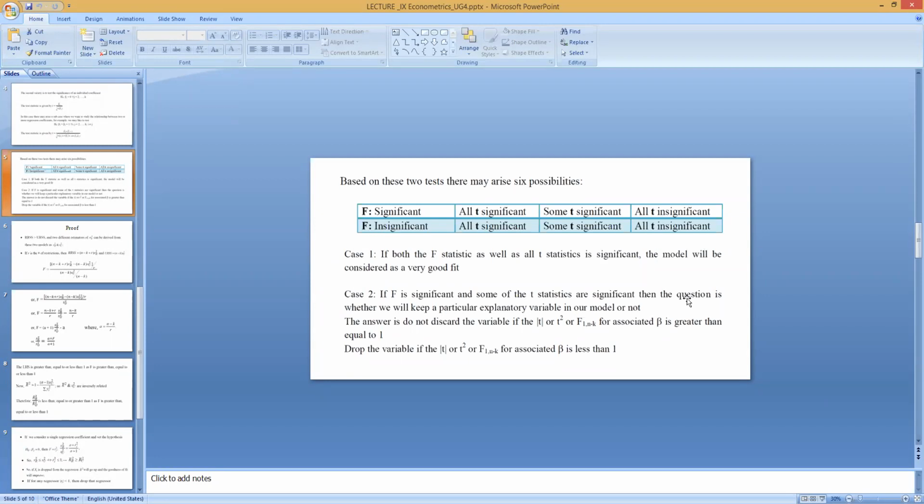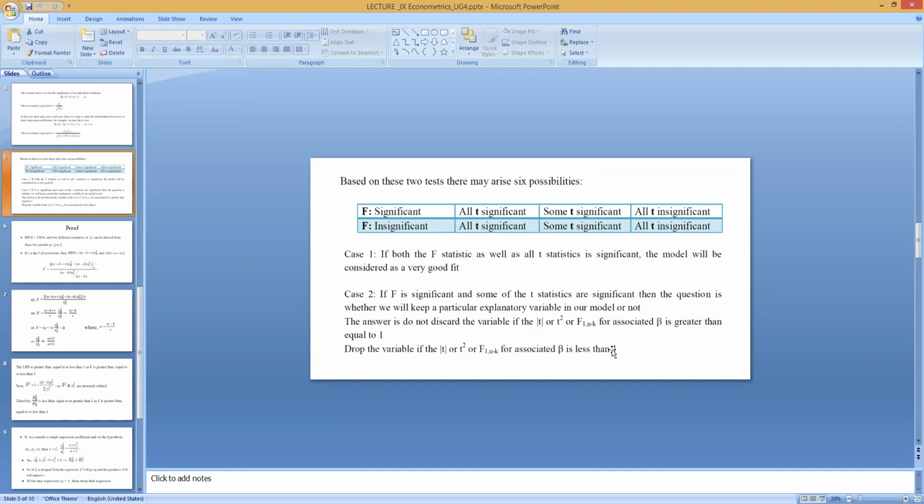However, in the middle case, if I find that some of the t coefficients are significant, following the same principle as discussed now in the second proposition in the first row, you can drop the explanatory variables for which the associated F, t or t square is less than 1.